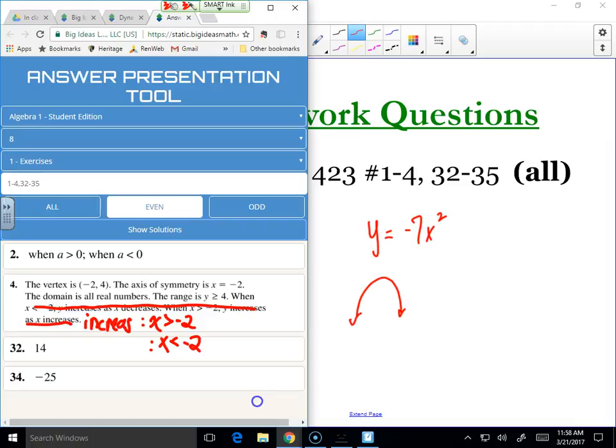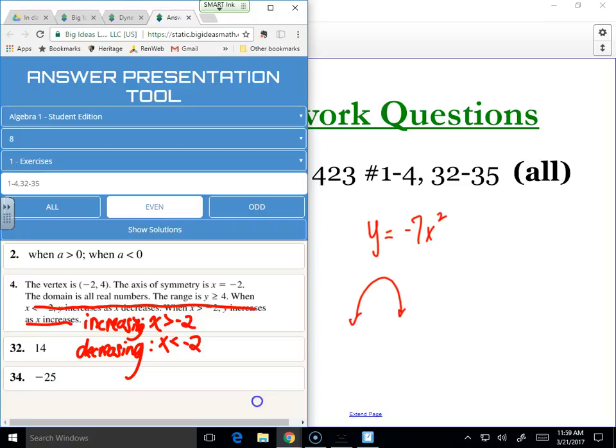Increasing will be the first. Decreasing on the other. So increasing x is greater than negative 2, decreasing x is less than negative 2. So clearly it was bad that you had to change it, but good that you had it right the first time.